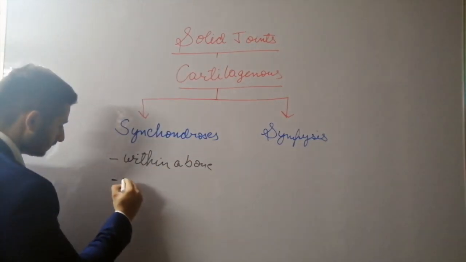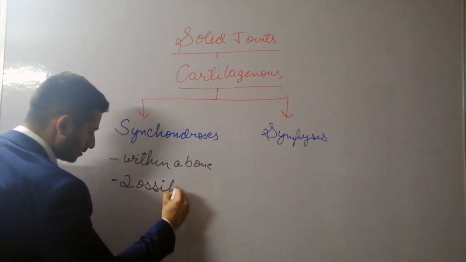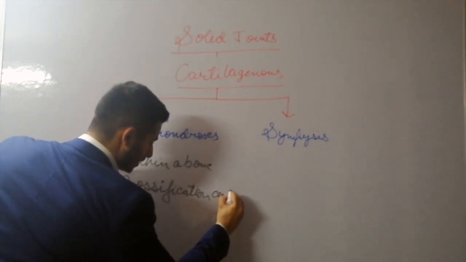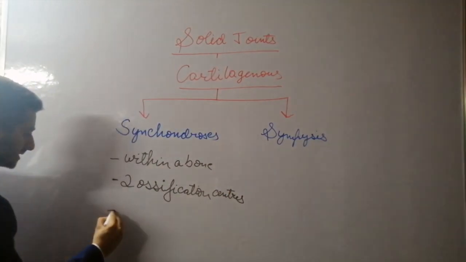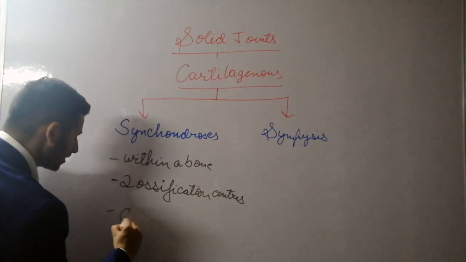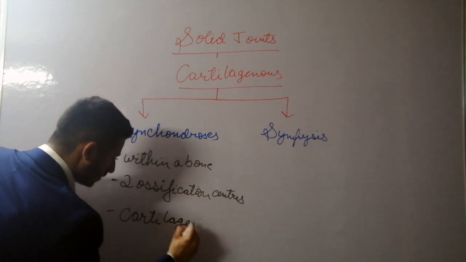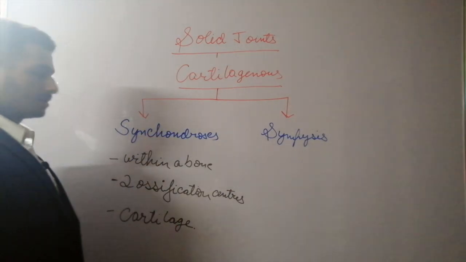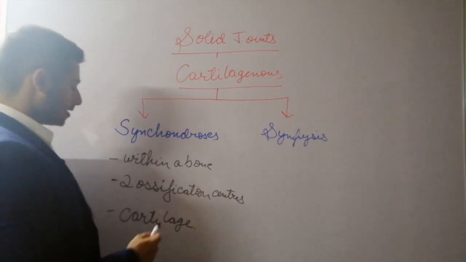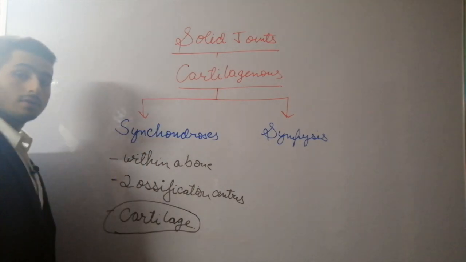So within a bone, when two ossification centers are separated by a cartilage, then it is called synchondrosis. When two ossification centers within a bone are separated by a cartilage, it is called synchondrosis.